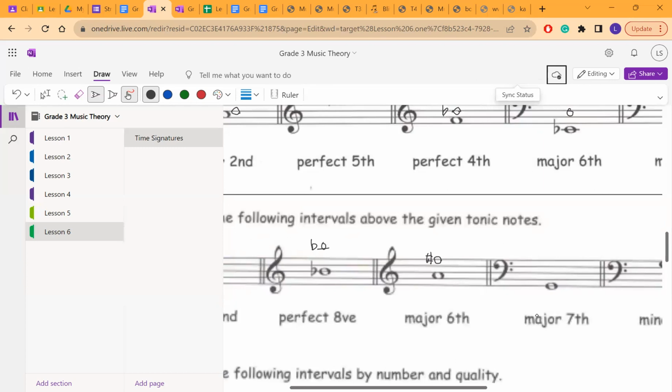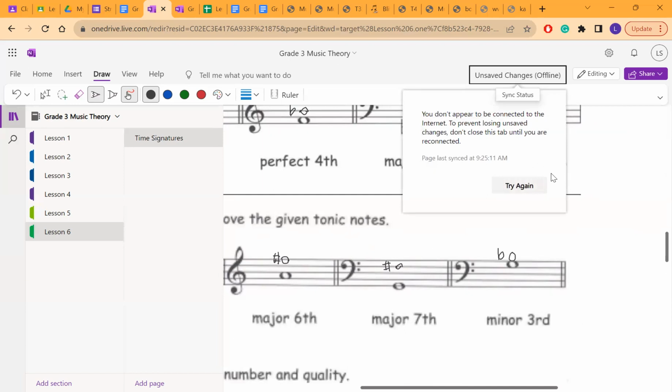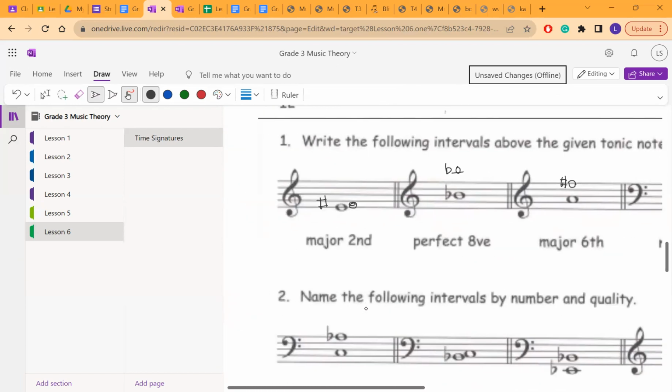Major sixth and major seventh from G is F sharp. Minor third is G to B flat. There are some troublesome ones in there.